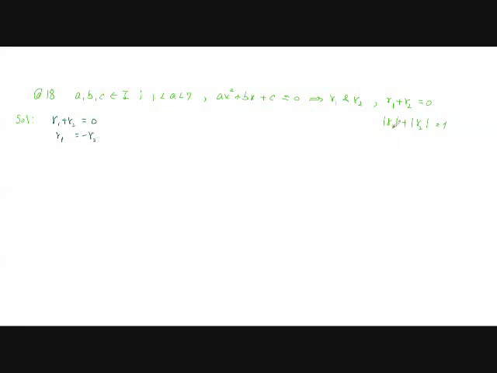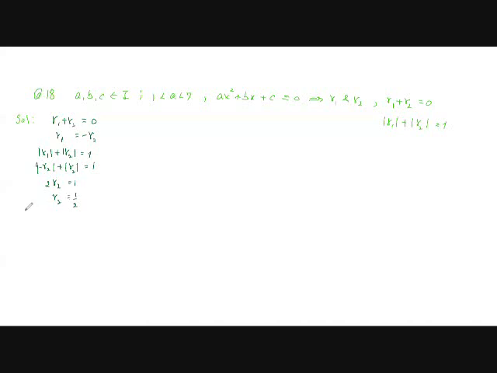Then we replace it in the absolute values. Since absolute R1 plus absolute R2 equals 1, replacing R1 becomes R2 plus R2 equals 1. The absolute value taken out becomes plus, right? So you have 2 R2 equals 1, then R2 equals 1 over 2.